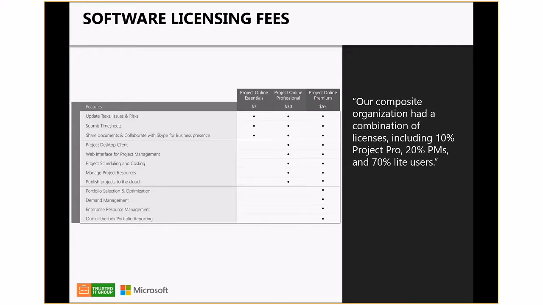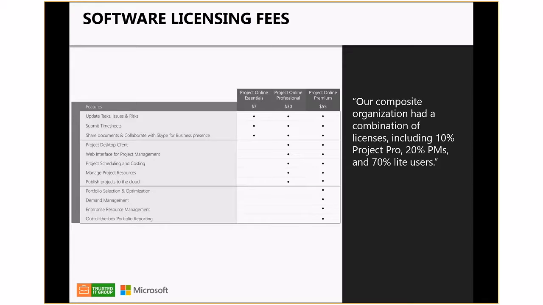So not everybody is going to need the full Project Online license. The majority of these organizations have licenses for team members to get their task notifications, update their tasks, submit some issues, submit some risks, update their documents, and that's it. And that's the majority of how we see these licenses being distributed, and Forrester definitely agrees with that.